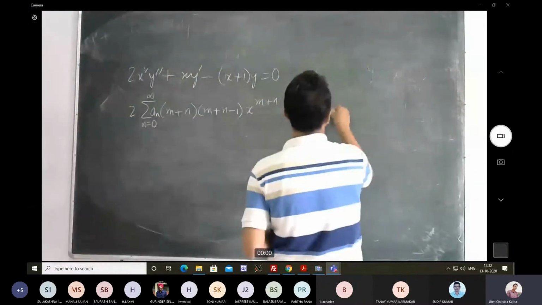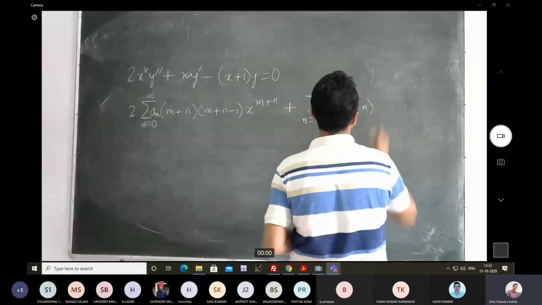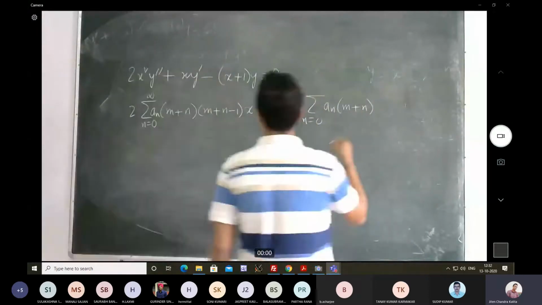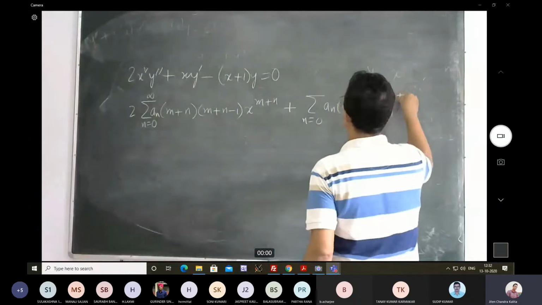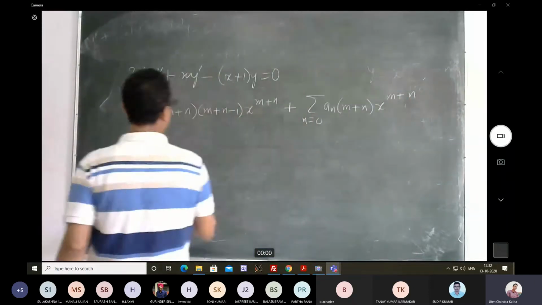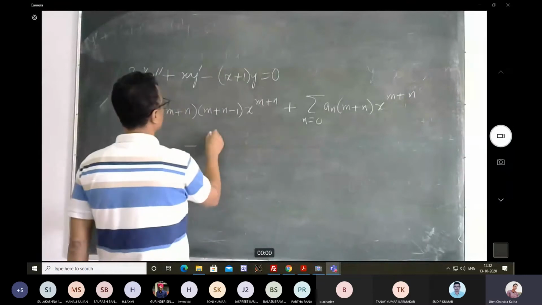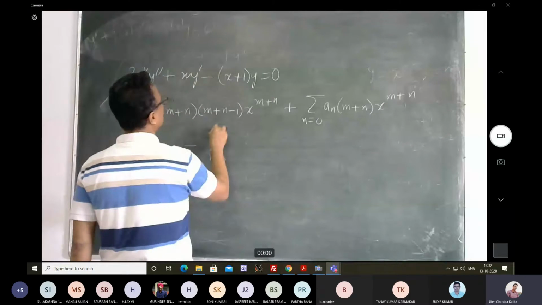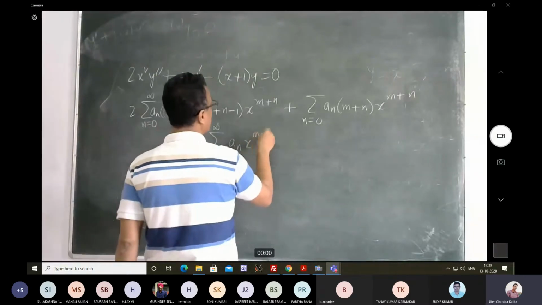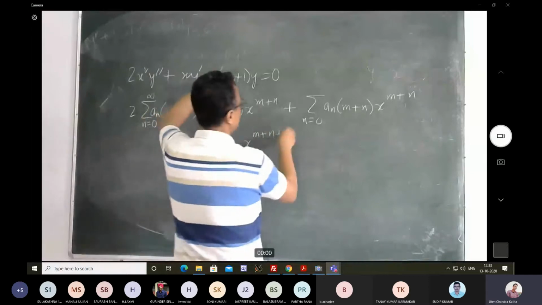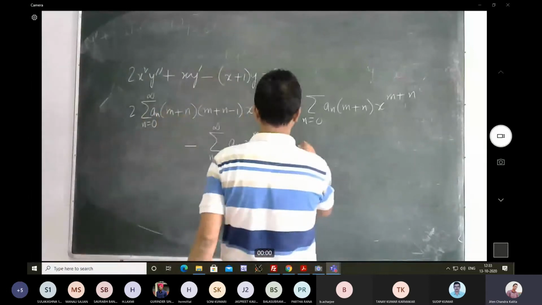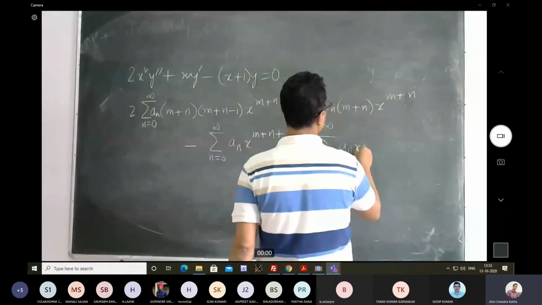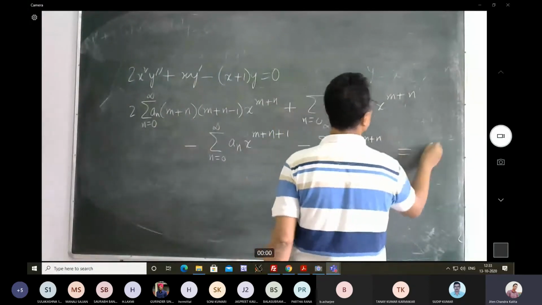So an as before, m plus n, x to the power m plus n minus 1, but I had it multiplied by x. So again, this is going to be x to the power m plus n. And again, I just want to do one thing: sum from 0 to infinity, an x to the power m plus n, because of this x, this is 1. And again, sum from 0 to infinity, an x to the power m plus n. So this is equal to 0.